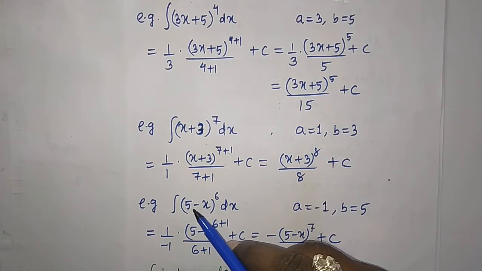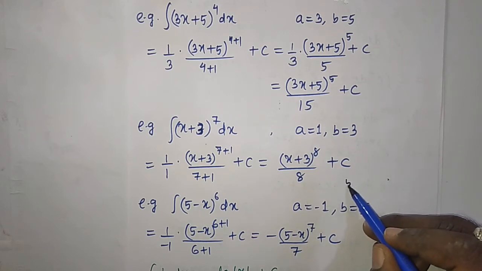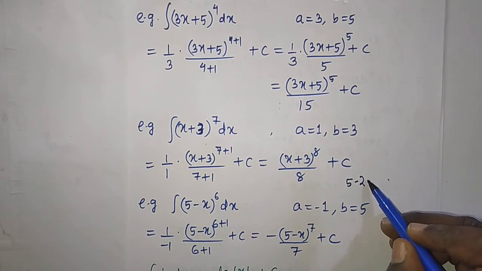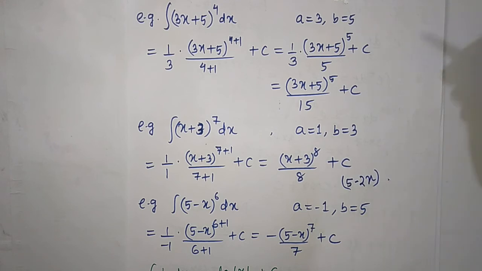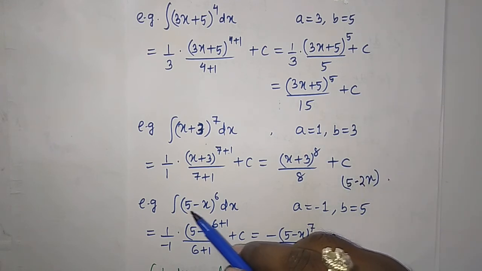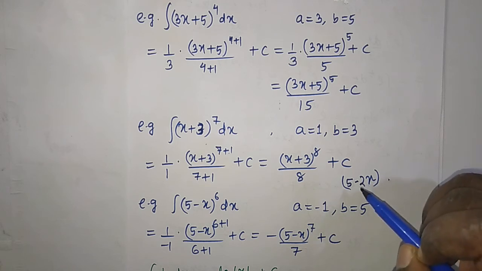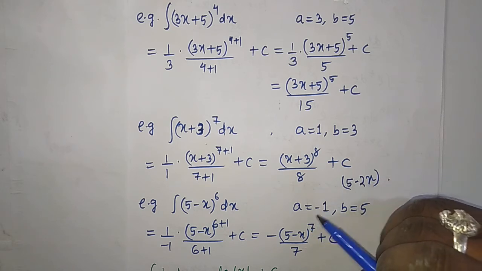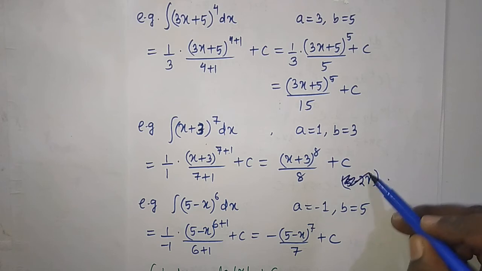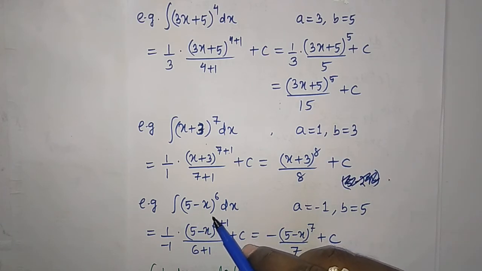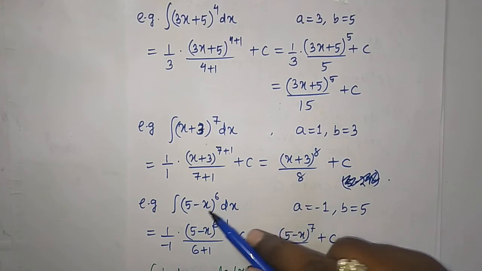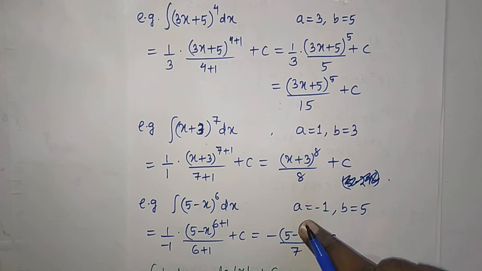If it were given as 5 minus 2x, that means the coefficient of x is minus 2, so a would be minus 2. But here only minus x is there, so the coefficient of x is minus 1, and the value of a is equal to minus 1.